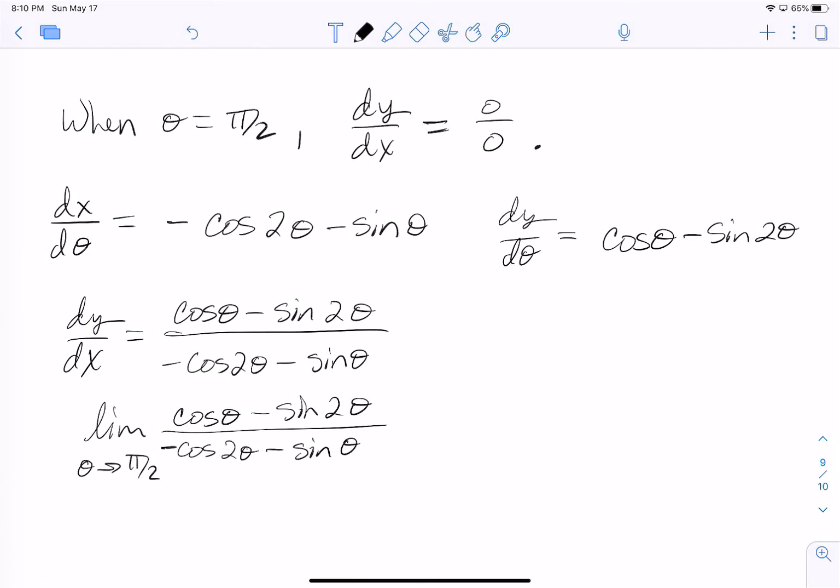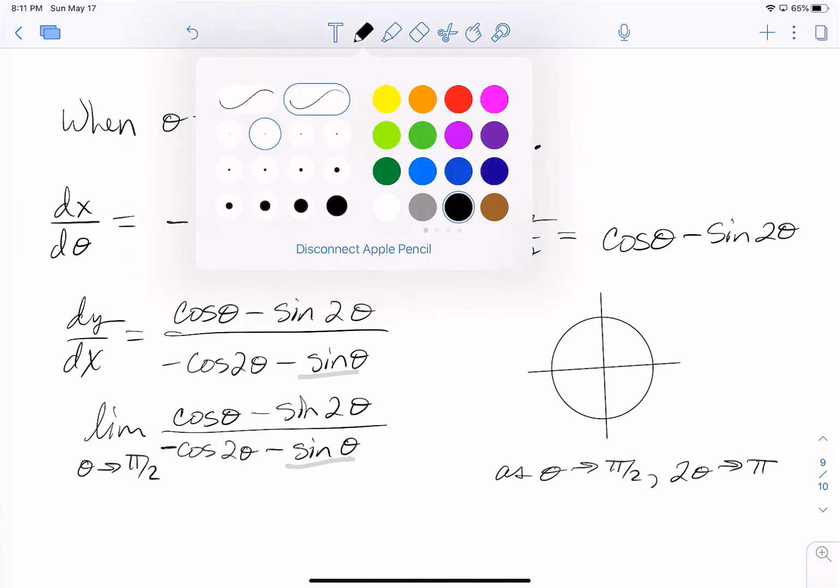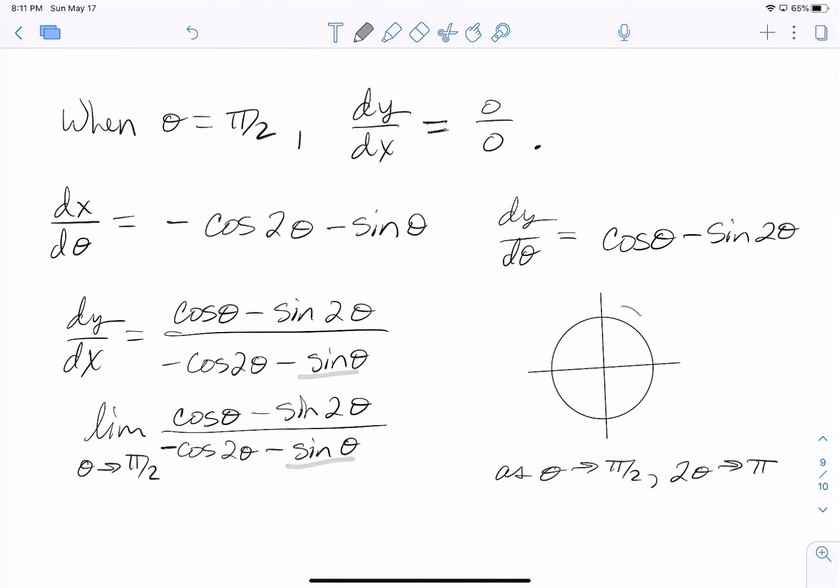Here's the thing though, folks. As theta approaches pi over 2, 2 theta approaches pi, of course. When theta approaches pi over 2, the sine of theta is positive from both the left and the right. No big deal there. But as theta approaches pi over 2, the cosine function is positive from the right, but negative from the left.